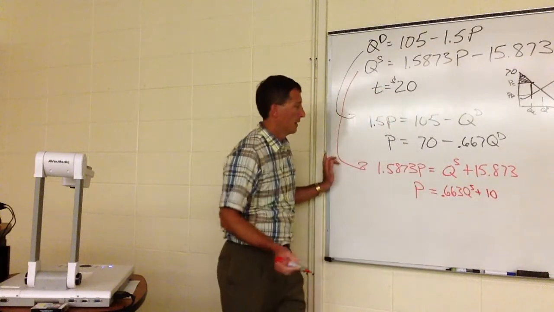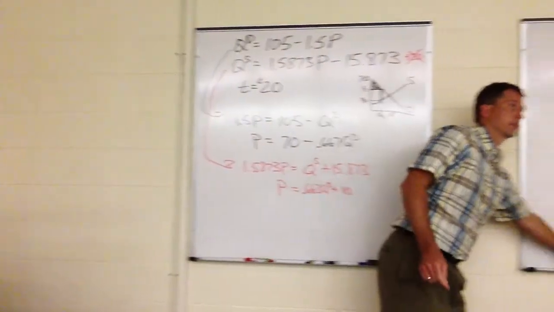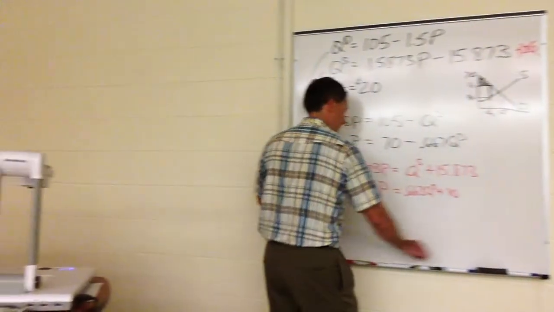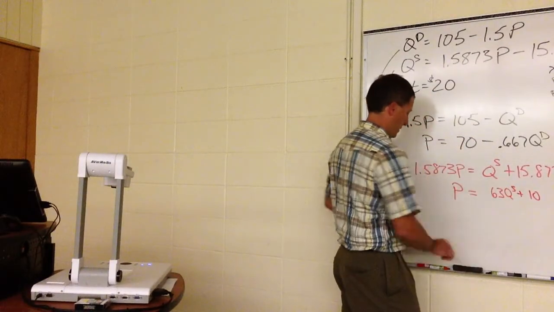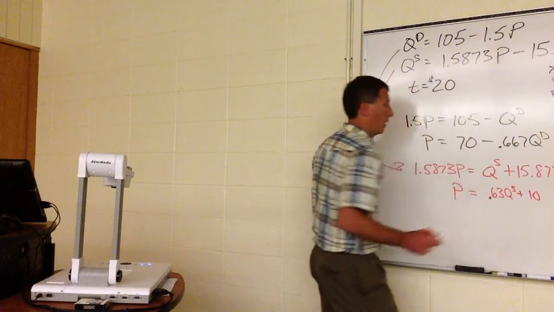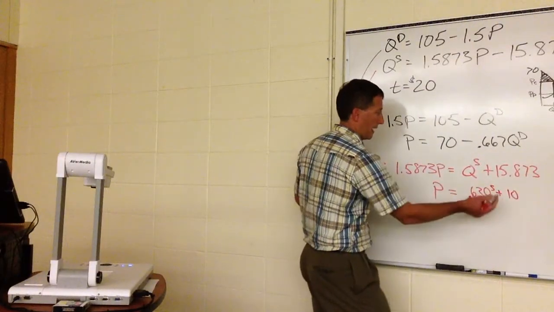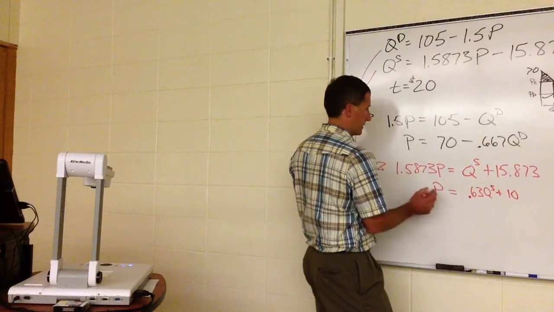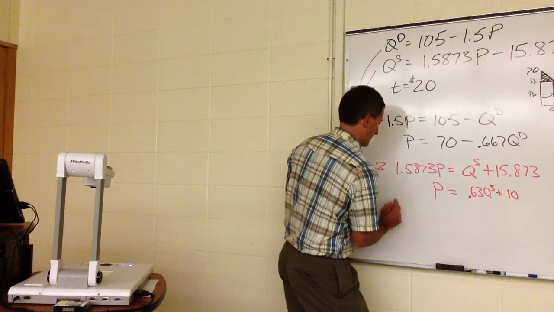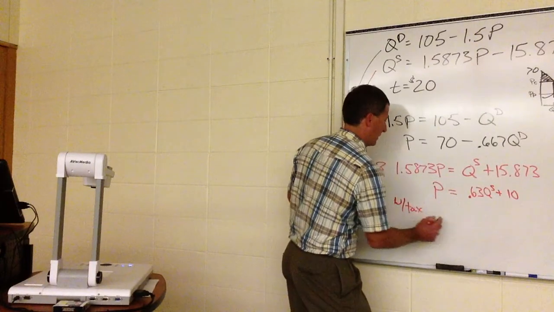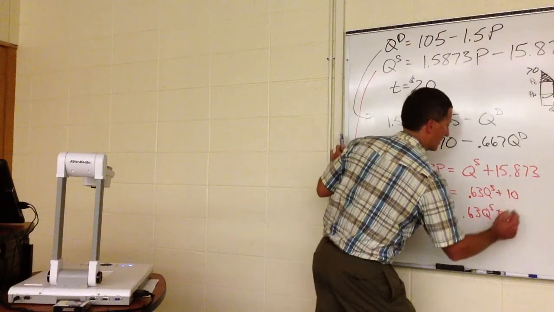And now we can add that 20 onto this equation, not 0.663, just 0.63. And then now we can add that 20 on for the tax. So this is the inverse supply function, and with the tax, we get P equals 0.63 QS plus 30.